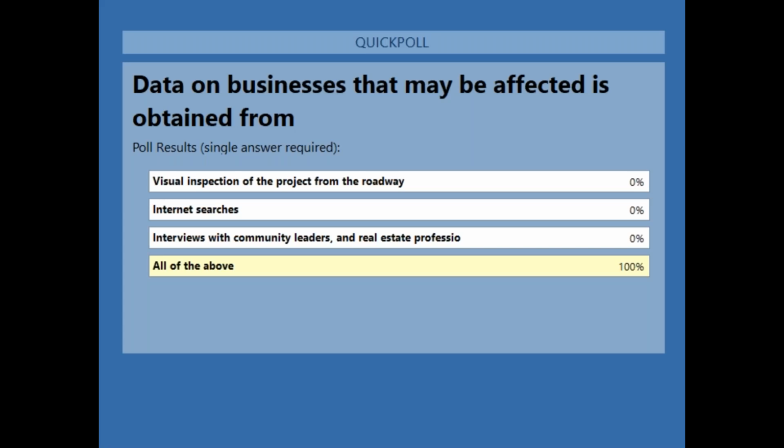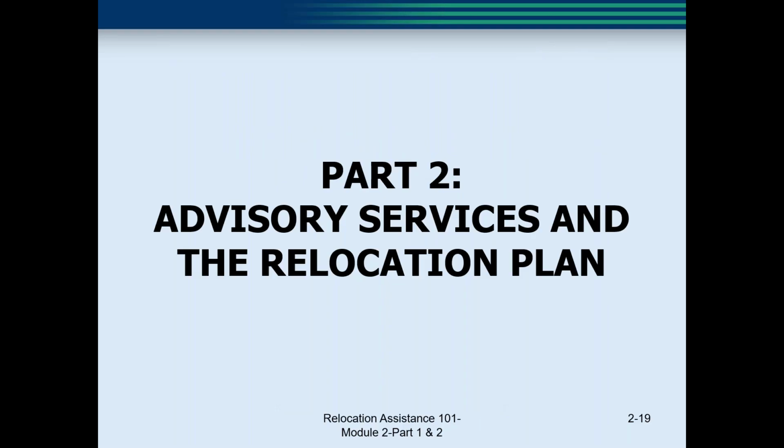Your options were visual inspection of the project from the roadway, internet searches, interviews with community leaders and real estate professionals. And the answer was D, all of the above.